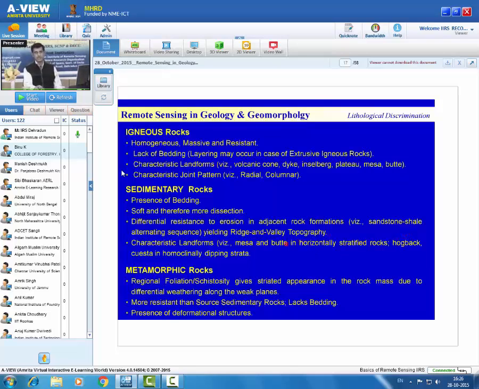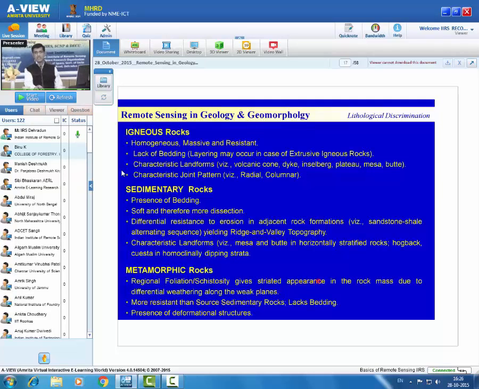In case of metamorphic rocks, what is very characteristic for interpretation is the presence of regional foliation and schistosity. This regional foliation and schistosity undergo differential weathering along these planes, so that gives you a striated appearance in the satellite image.